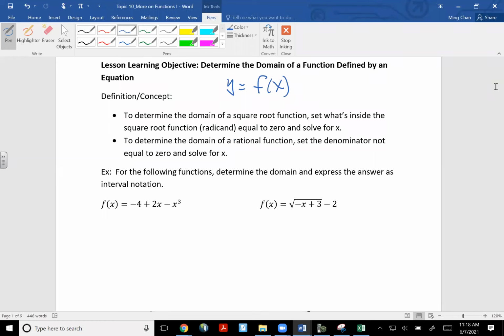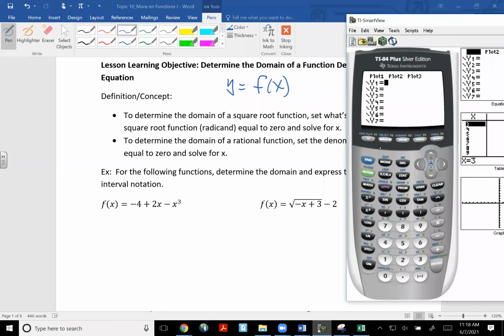The graph is not going to tell you what x cannot be. Our table is set up to only do integers, so if my restriction turns out to be a fraction, the table is not going to tell me that. That's why we still need to know how to find those restrictions ahead of time, so when we graph it, we know what we are looking at.